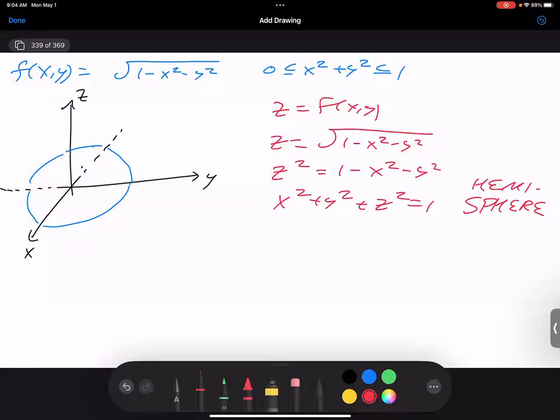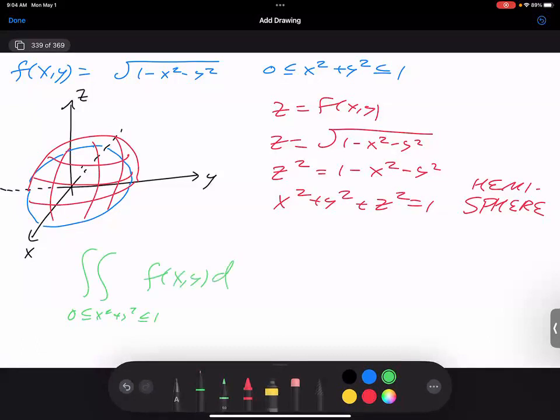So if I look at what's going on, what I really have is a sphere coming up over the xy plane. And so if I want to figure out the volume, I could integrate over 0 less than or equal to x squared plus y squared less than or equal to 1 of f of xy dA.